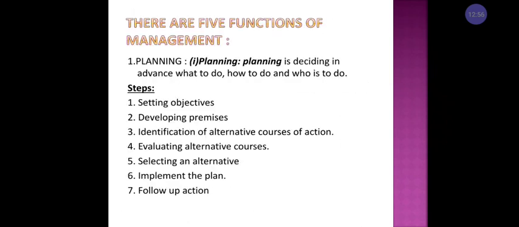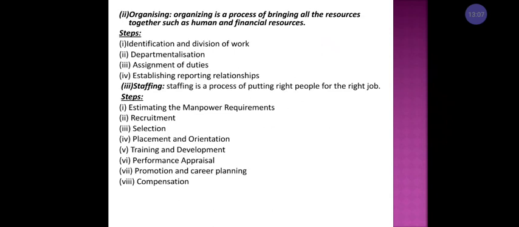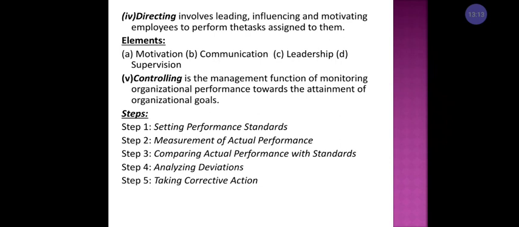The steps I explained you will learn in the coming chapters: planning is the 4th chapter, organizing the 5th chapter, staffing the 6th chapter, directing the 7th chapter, controlling the 8th chapter.